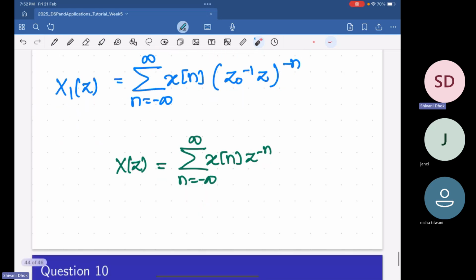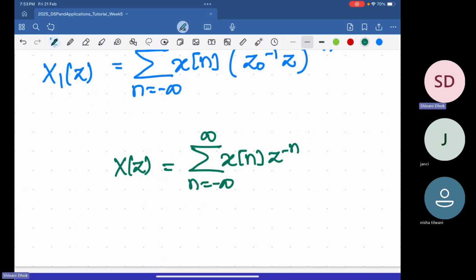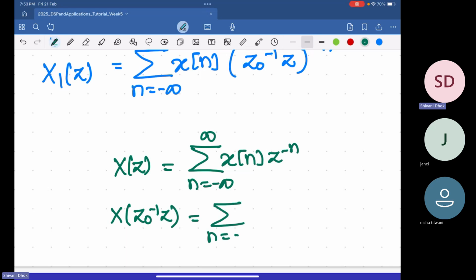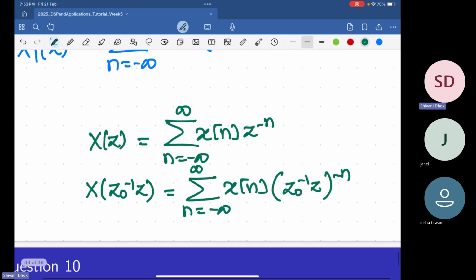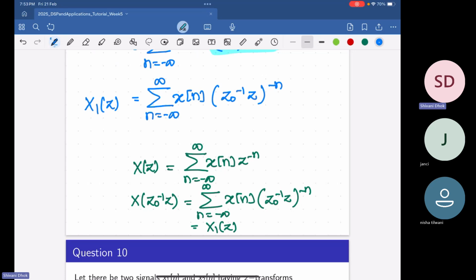So now if I find x of z naught inverse z, then this will be equal to the summation n running from minus infinity to infinity x of n, replacing z by z naught inverse z. That will be z naught inverse z to the power minus n, which is exactly equal to my x1 of z. So what do we get from here? We have x1 of z as x of z naught inverse z.